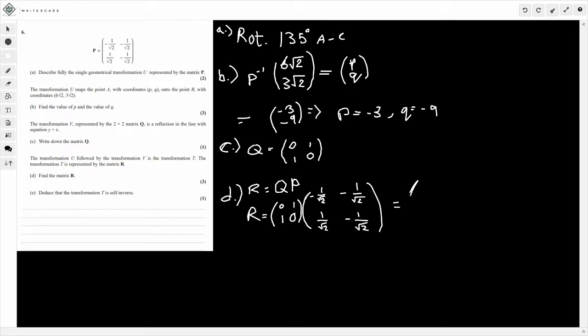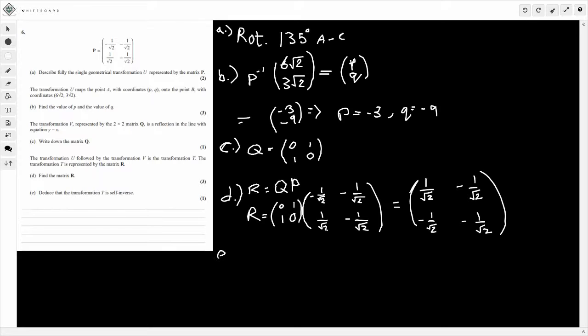So this is going to be equal to 1 divided by the square root of 2, minus 1 divided by the square root of 2, minus 1 again divided by the square root of 2, and then minus 1 divided by the square root of 2. And that's part D done. So just make sure you get the order of the matrices correct, guys. If you get this one way around, it's going to fall apart.